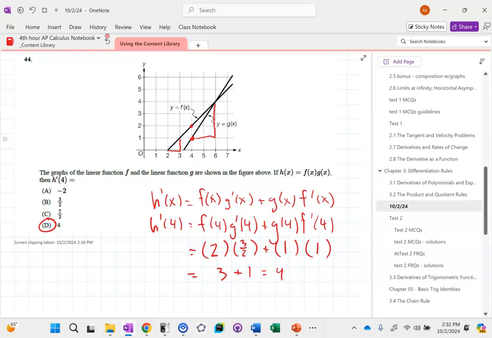The key there was recognizing how am I supposed to be getting the value for the derivative out of this graph? If even a section of the graph is a straight line, the derivative on that section is the same as the slope on that section. So you could use the slope formula, or you can count grids and just do rise over run.